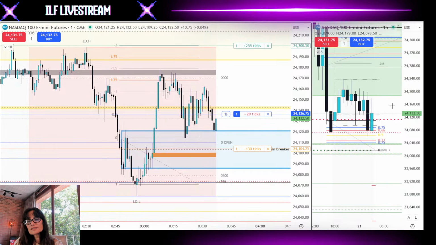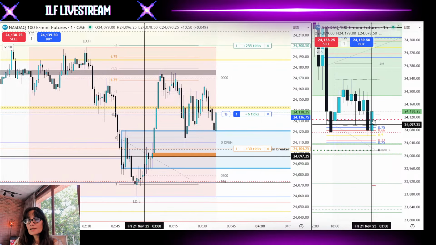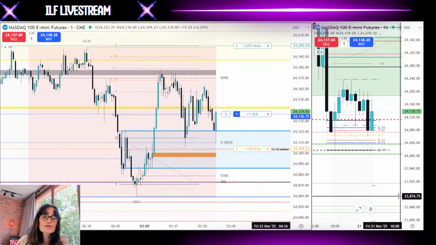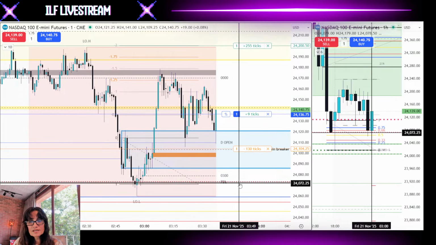You see how tricky it is? The body comes below the 50% and then it spikes back up, right? So it's really hard to read. But I do like that the body goes into the breaker and straight out of it again. So I do like that for a bullish setup.